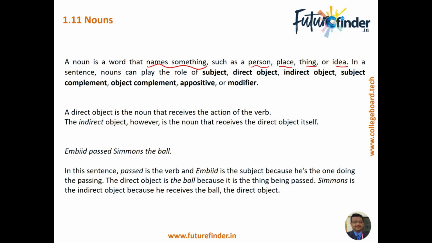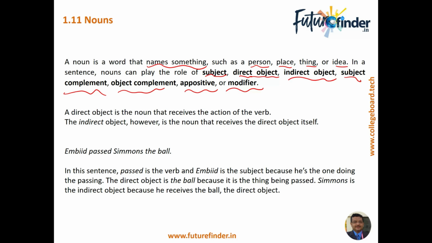But the features of a noun that we are expected to know are the roles that a noun can play, and depending on the role, we might have a difference in the way the verb is used. Sometimes the noun is used as a subject, a direct object, an indirect object, a subject complement, an object complement, and an appositive or a modifier.